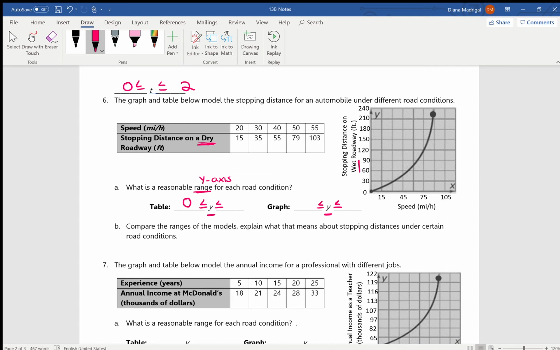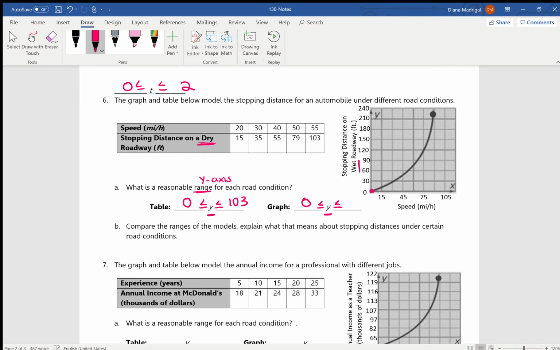They didn't give you all the information in the table, but you should know that. What you do know is they stopped at 55 miles per hour, and that was 103.